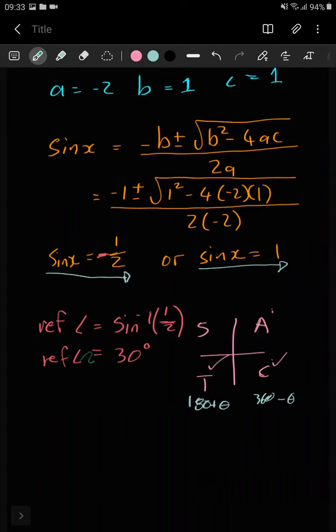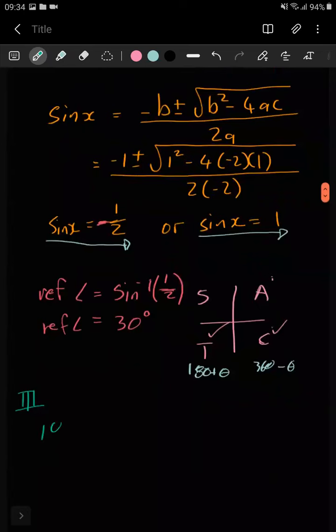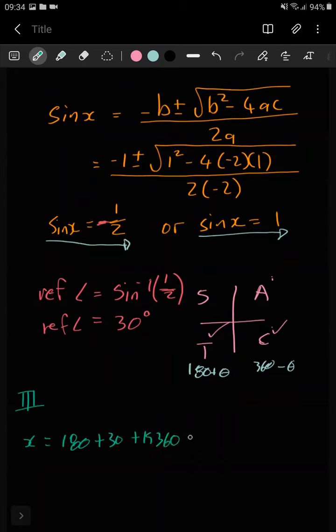So in quadrant 3, we're going to have 180 plus, right? No, we have to start with x. In quadrant 3, we have to say x is equal to 180 plus our reference angle plus k360, k is an element of integers.